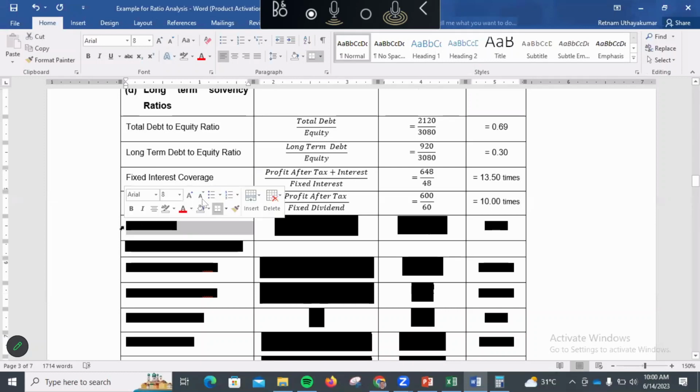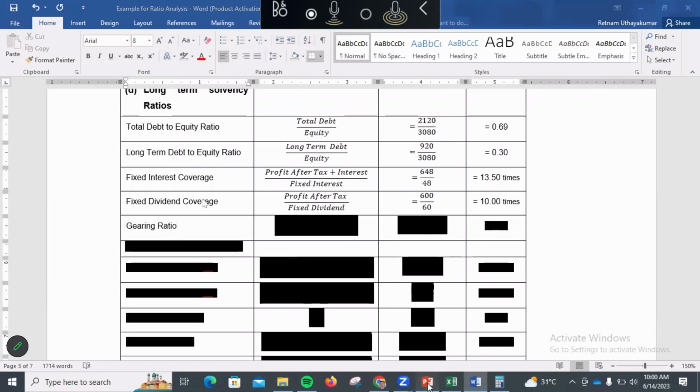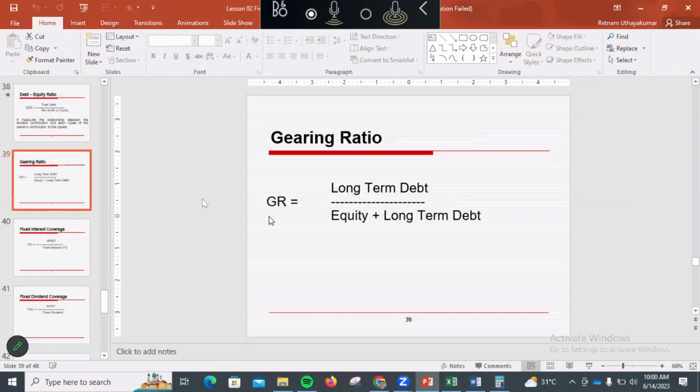So what else can you have? Gearing ratio. What is the gearing ratio? Long-term debt over equity plus long-term debt.